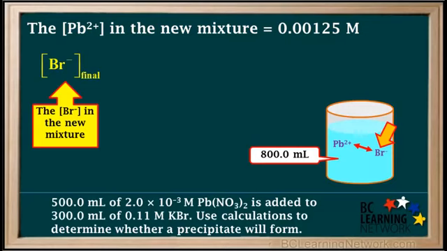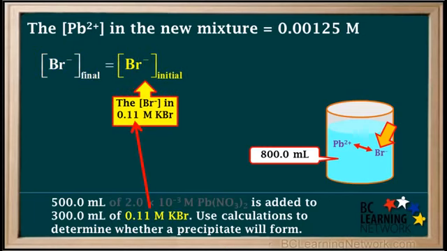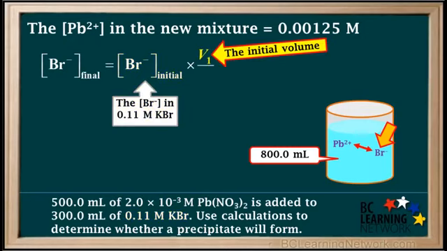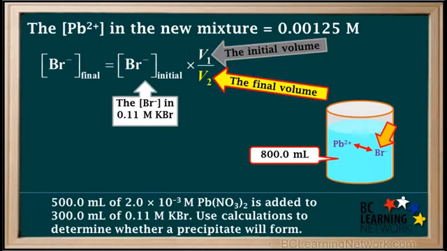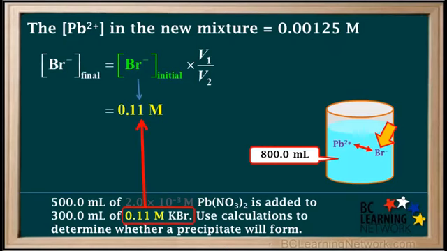Now we'll calculate the concentration of bromide in the new solution, or the concentration Br- final. Since KBr contains one Br- ion, the concentration of the bromide ion, Br-, is the same as the concentration of the original 0.11 molar potassium bromide solution. We multiply the initial concentration by the dilution factor, which is the initial volume V1 over the final volume of the new solution V2. The concentration of Br- in the original KBr solution, or concentration Br- initial, is 0.11 molar.